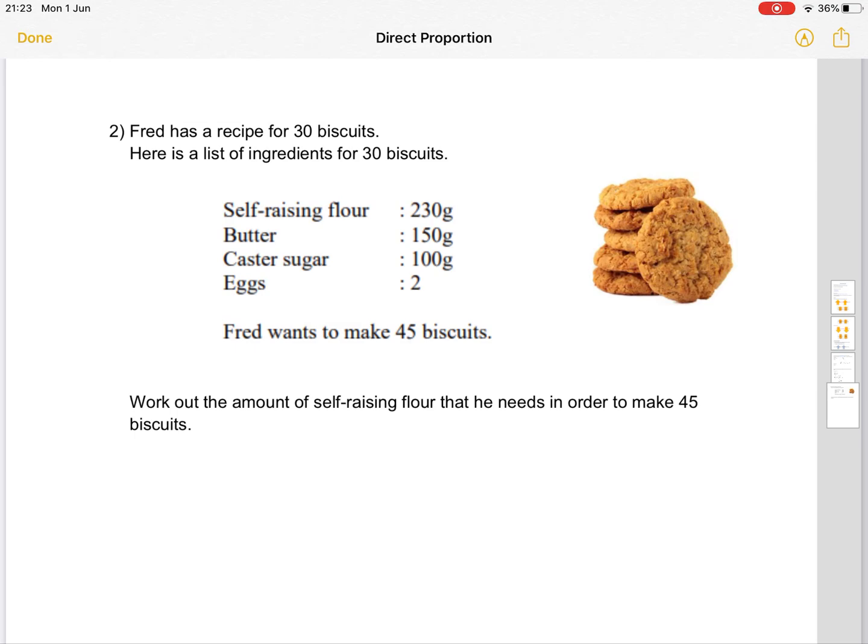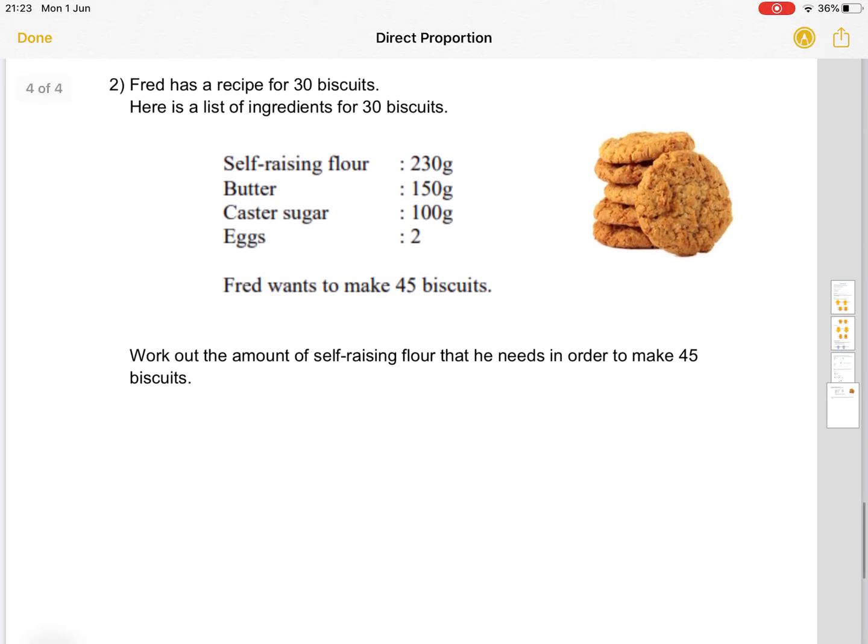So let's start by writing a summary, a statement of the information that I need and I'm going to use. For 30 biscuits, he needs 230 grams of self-raising flour. That's what I'm interested in.